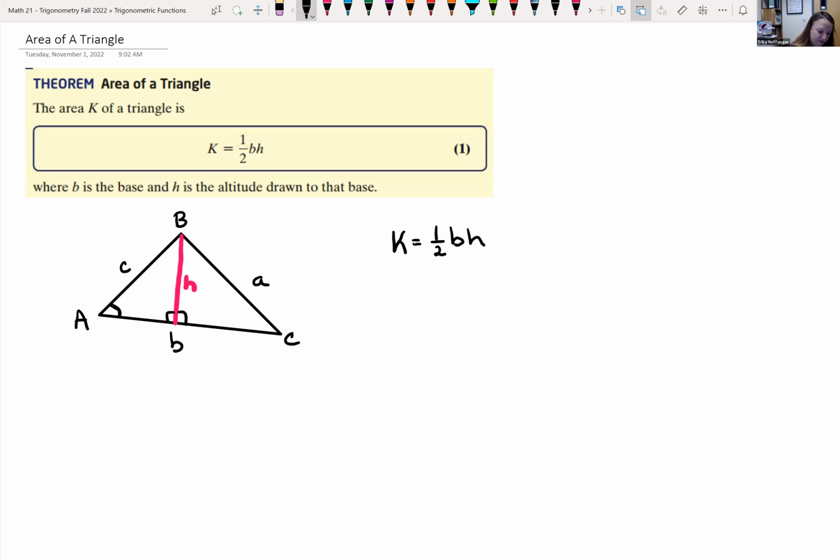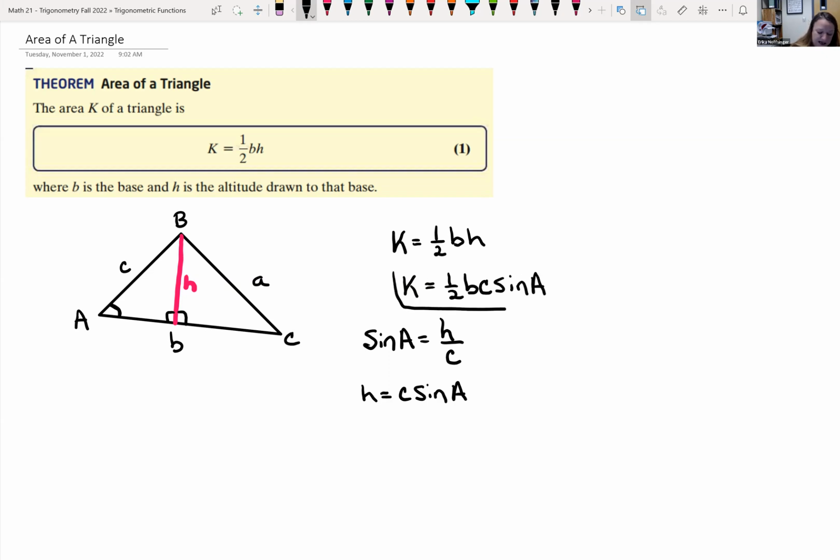So sine of A is equal to the opposite H over the hypotenuse, in that case would be C. And so H in our case here is C times sine A. So K, the area, is 1/2 times our base B times our height C sine A.